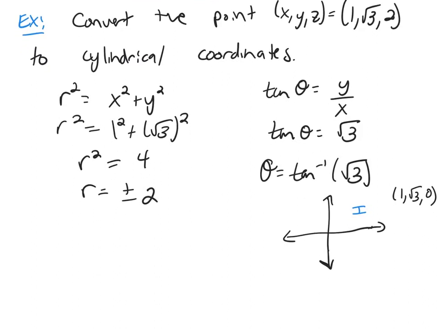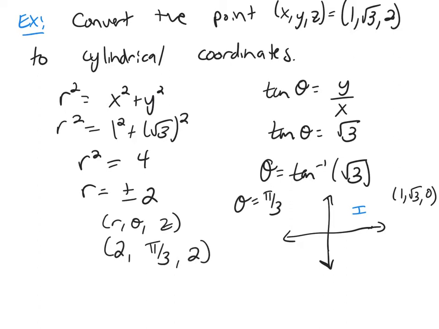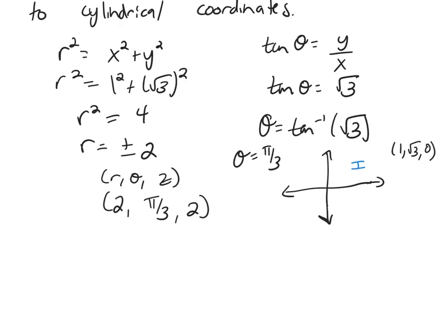And so I need an angle in the first quadrant. So theta will be pi over 3, if I go with r being positive. So if I go with my r, theta, and z, then I would pick 2, pi over 3, and my z coordinate is 2.